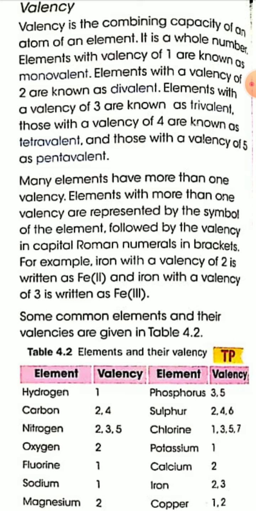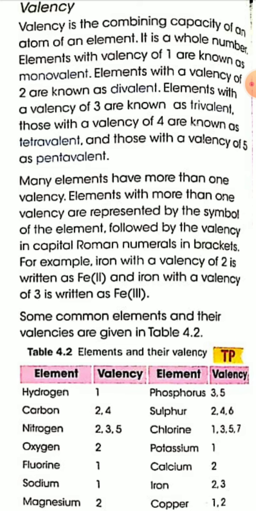That is how to represent elements with variable valency. You write the symbol of that element first, then a bracket, and within the bracket you write the valency of that element in Roman numerals.